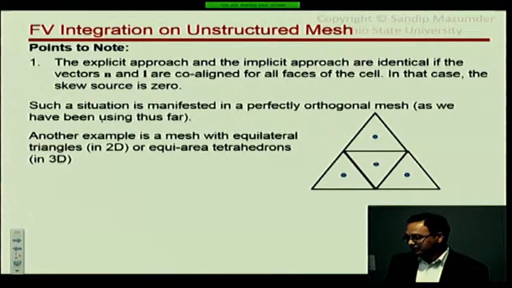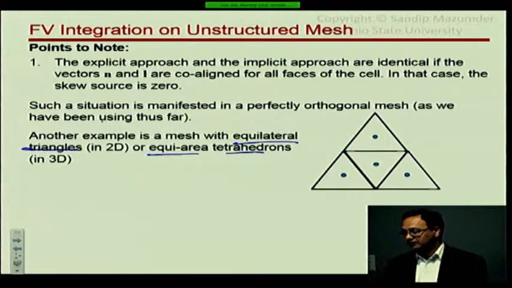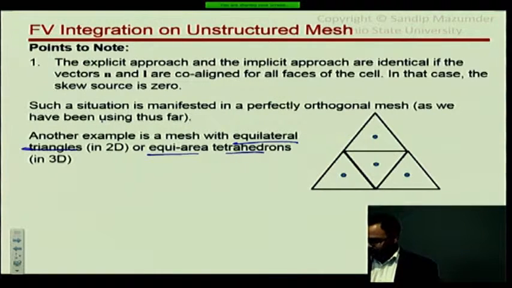I talked about this last class or the class before. Such a situation is manifested in a perfectly orthogonal mesh, as we have seen thus far, and also equilateral triangles or equi-area tetrahedrons in 3D. So you can clearly see here, here's my L vector, and of course my N vector is aligned to that. Same thing here. These are perfectly aligned.